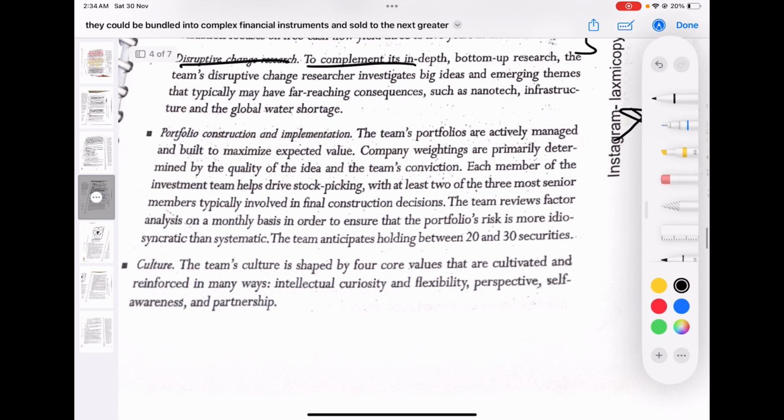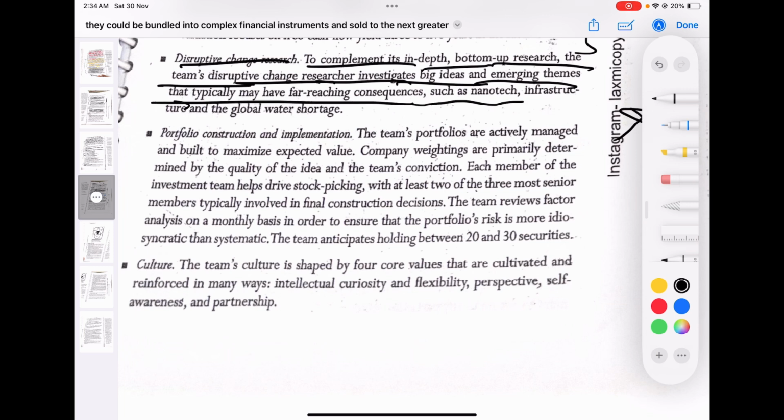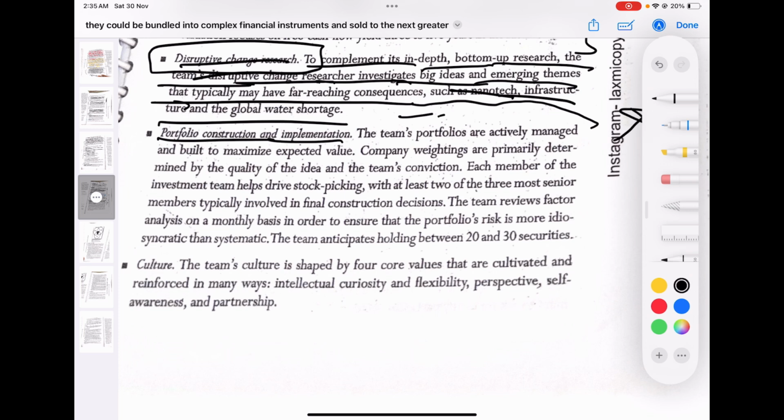To complement its in depth bottom up research, the team's disruptive change researcher investigates big ideas and emerging themes like nanotech, infrastructure, and all of that. So now these are the things which are disruptive in nature, right? Because we need bigger ideas for this.